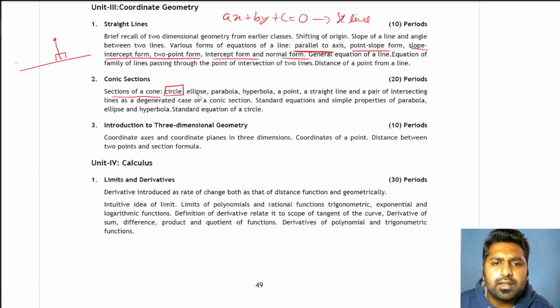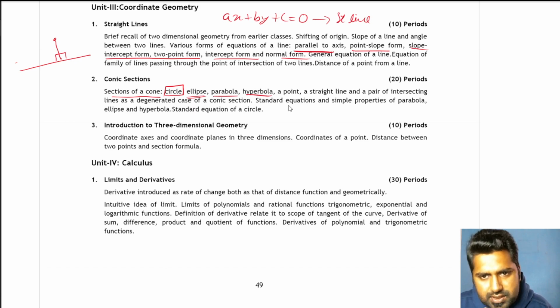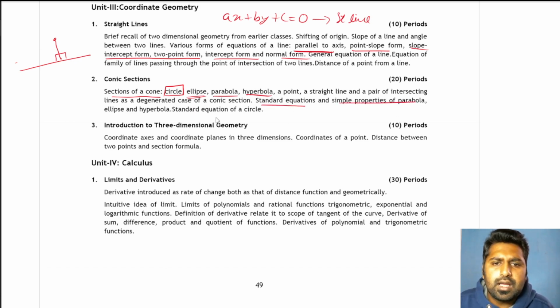If you cut it at an angle, you get an ellipse. Similarly, there are many ways you can get different kinds of shapes: parabola, hyperbola. So we'll talk about those shapes, what their standard equations are, their properties. And for each shape, circle, ellipse, parabola, hyperbola, different parameters are involved and they have different kinds of equations, which we have to study.